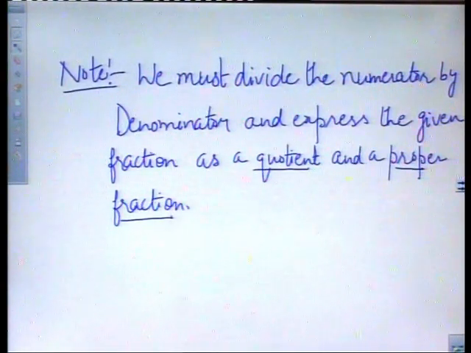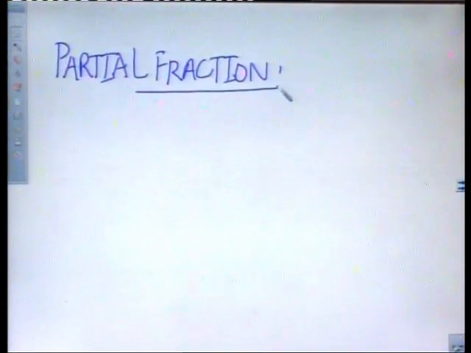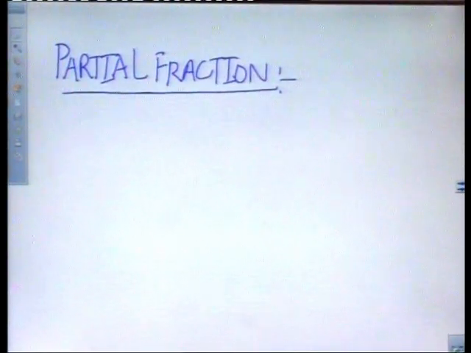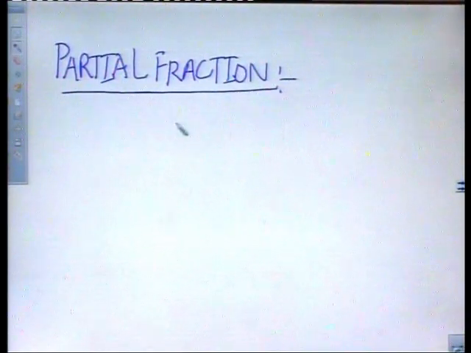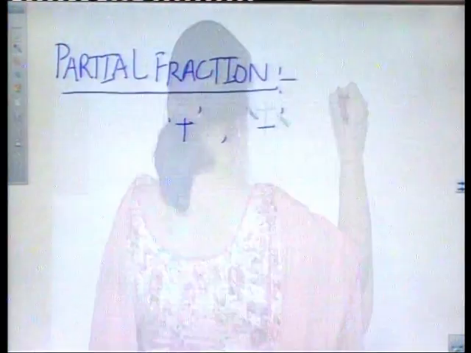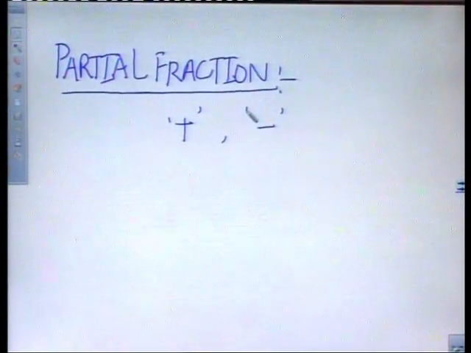Now, we know the definition of a partial fraction. What is a partial fraction? We have learned how to express two or more simple fractions connected by plus sign or minus sign into a single fraction by taking the LCM of the denominators.